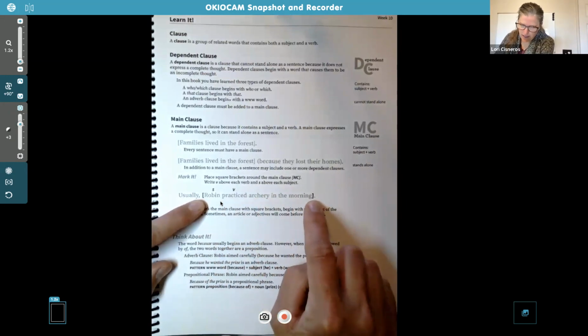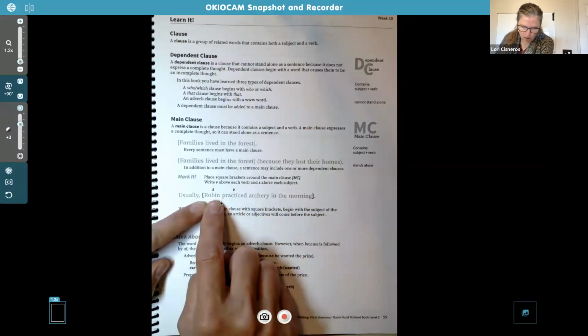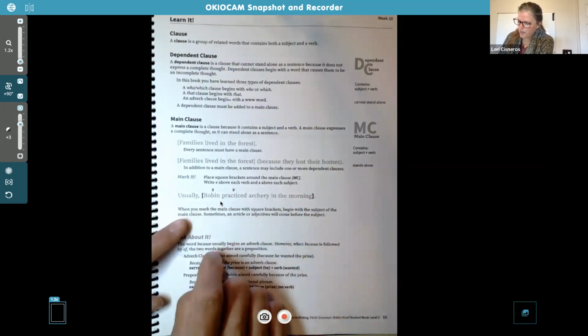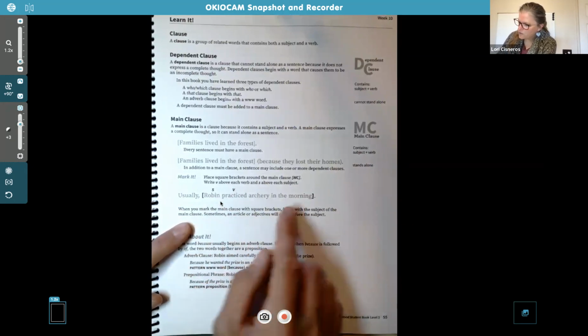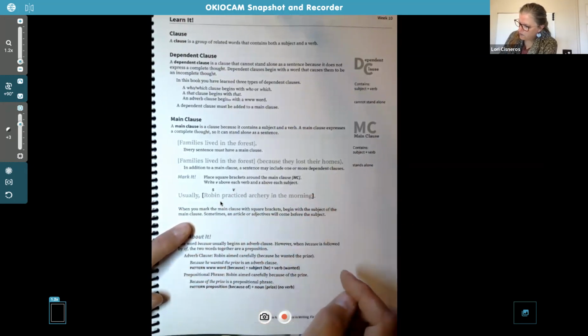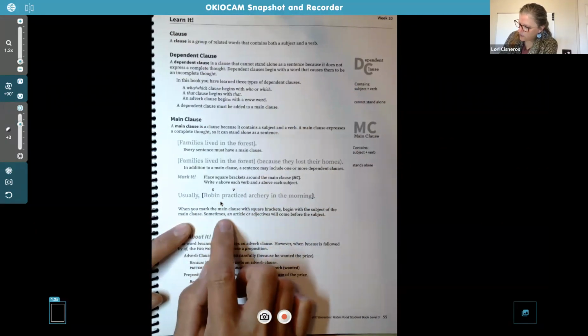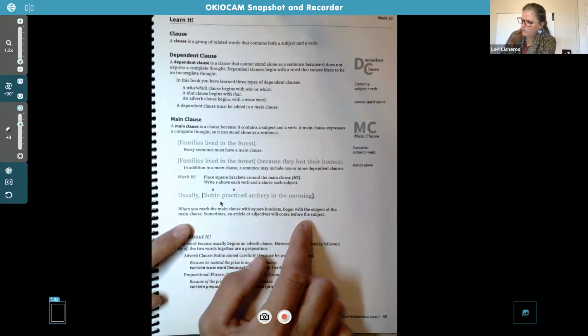It is a sentence that can stand alone. And we have the subject Robin and what he did, practiced. Subject-verb pair. When you mark the clause, you use the square brackets, begin with the subject of the main clause, and sometimes an article or adjectives will come before the subject.